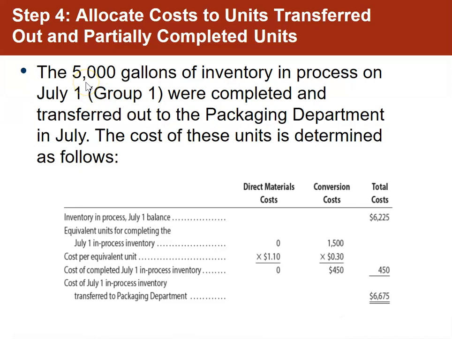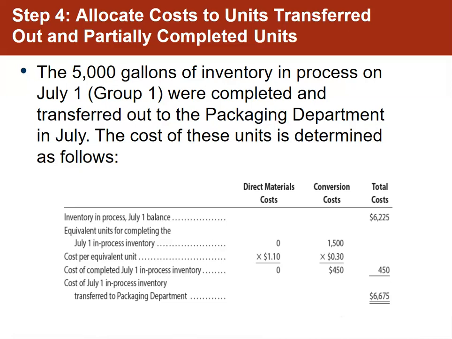The 5,000 gallons of inventory in work in process at the beginning of the month were assumed to be completed and transferred out to the packaging department. We add absolutely nothing for materials, because materials are assumed to be added at the beginning of the process.